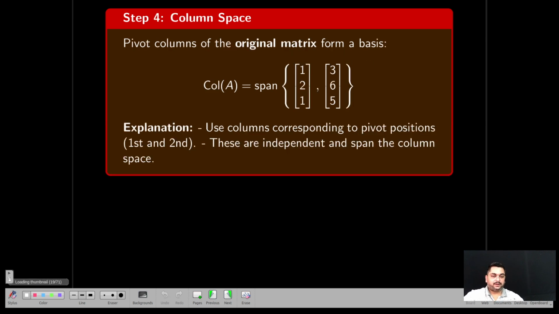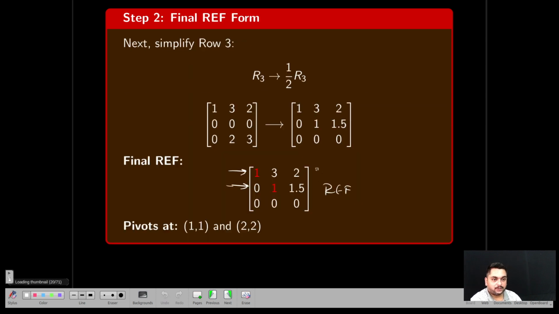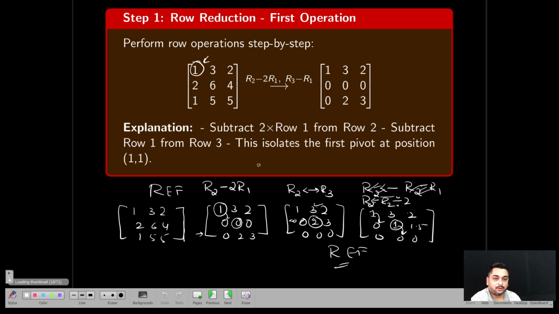Now, how to find the column space? The pivot columns of the original matrix form a basis. That means, what are the final two pivot elements? These are the pivot elements, right? These are column 1 and column 2. Not these two columns, be careful. The original matrix columns C1, C2 are my column space.